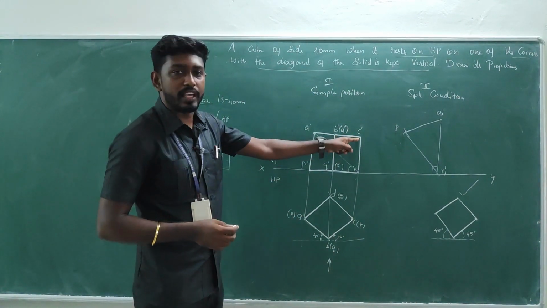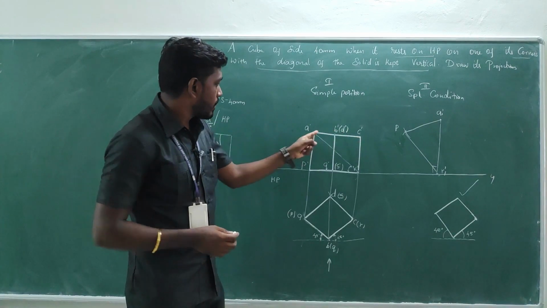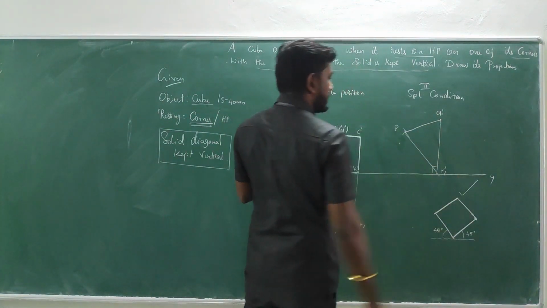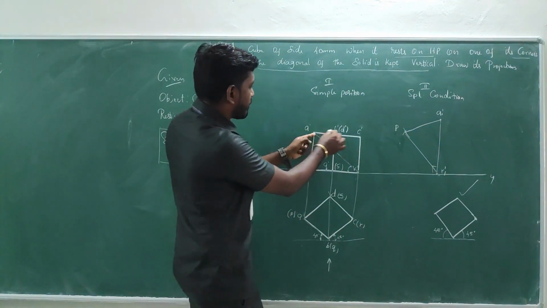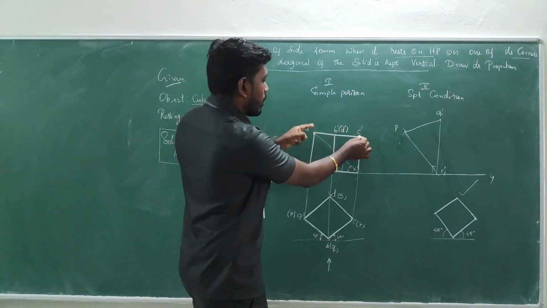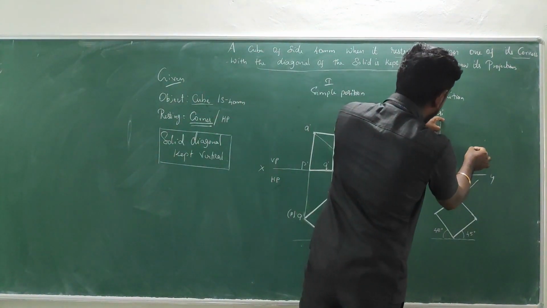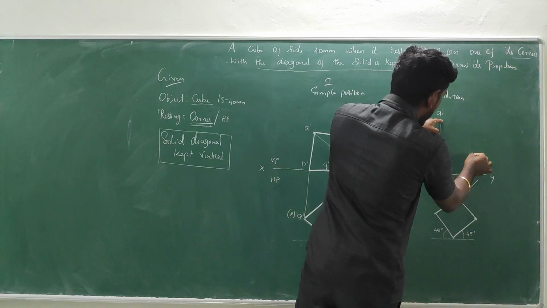Then come to the C. It is on the right side. Now take the measurement from C to A. Keeping at C, keeping at A, just go for a cut mark.